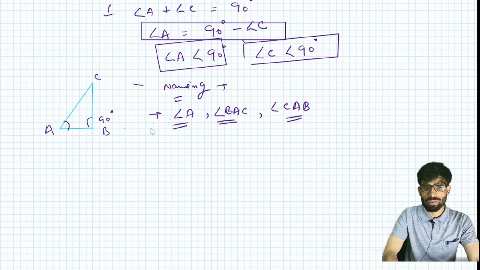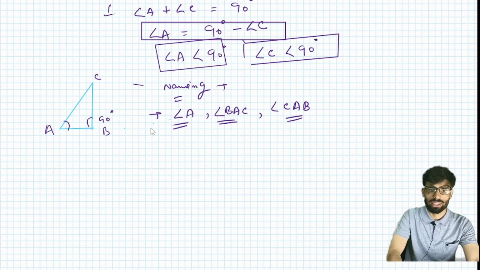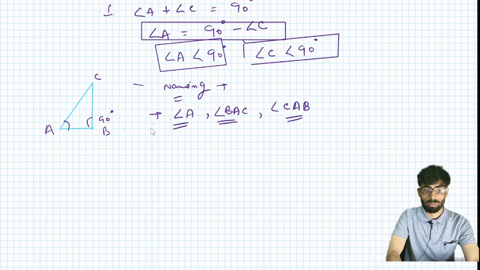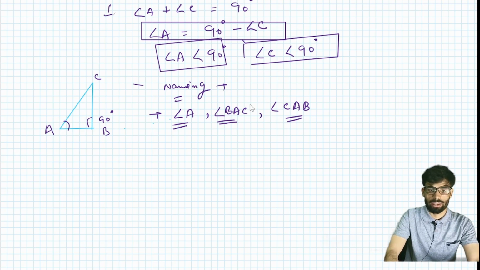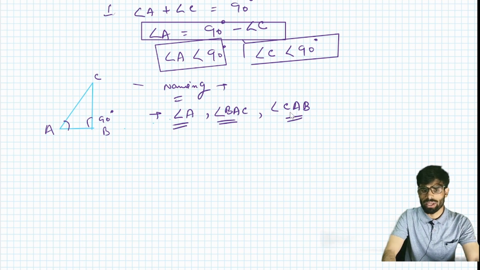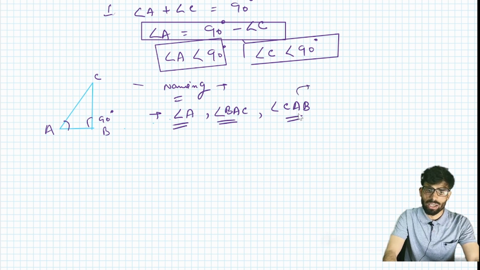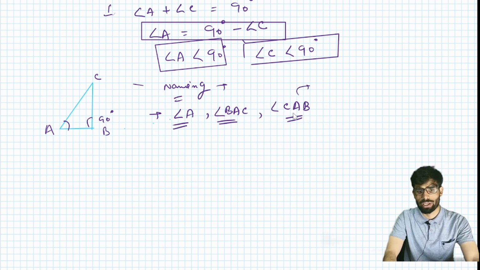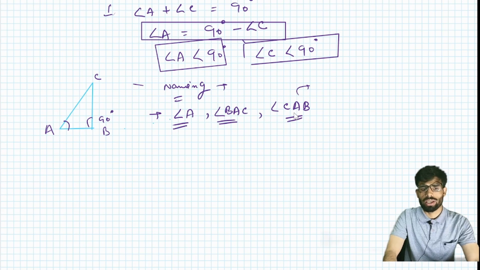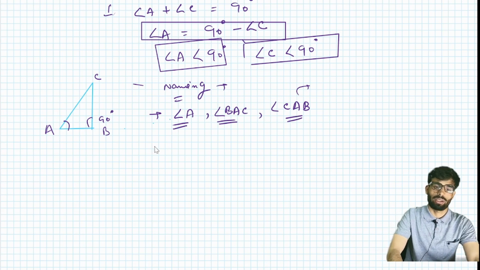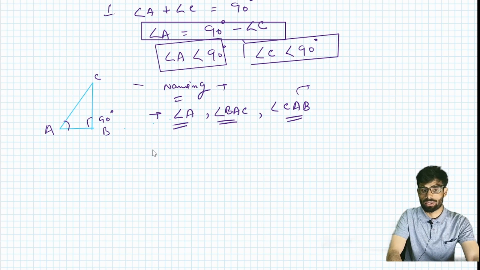That means whichever angle you have to name, keep that spot in the middle, and the rest will follow. Same is the case here. I have mentioned angle CAB because I was naming angle A, which is present here in the middle. You have to make sure which angle you are naming, you have to keep that in the middle, and the rest will follow in a similar order.